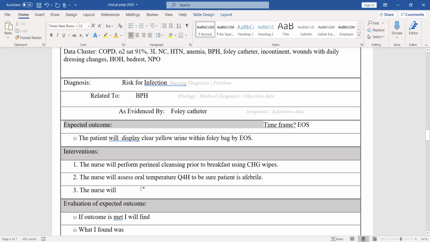And then lastly, maybe the nurse will empty Foley catheter bag, Q4 hours, and document output amount and clarity, because we want to make sure that we're emptying that catheter bag.